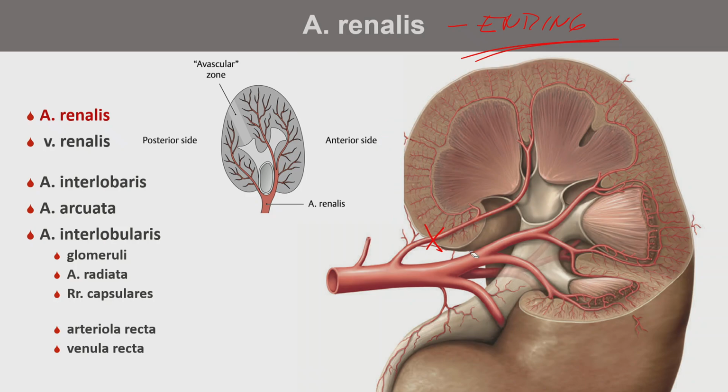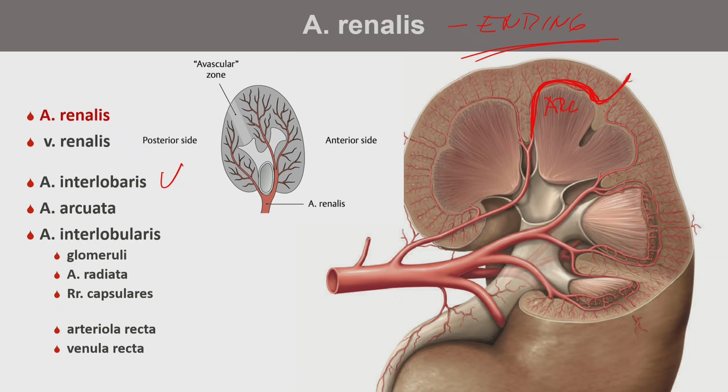So we can distinguish so-called interlobar arteries. Those interlobar arteries are separating so-called lobes, but in kidneys we very frequently don't talk about lobes, more segments. Then here we have an artery which is making this bow, and this artery is called arcuate.